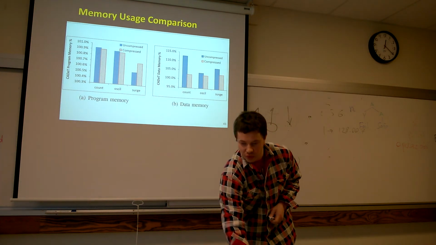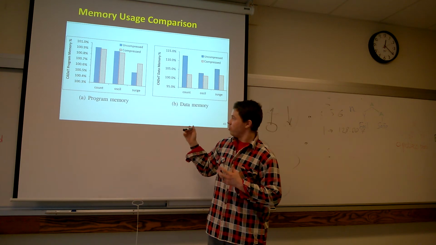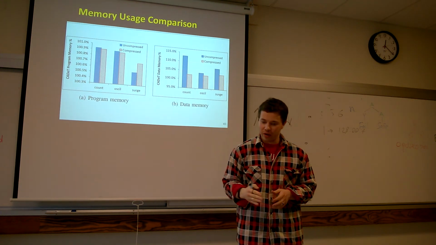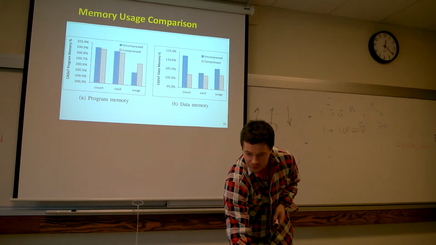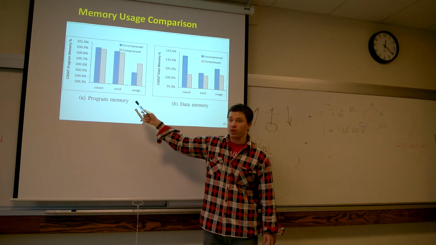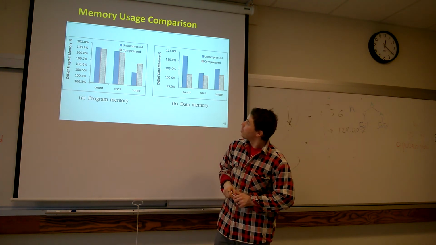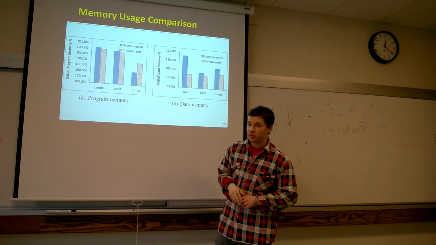Just so you know, data memory is a memory where you put your variables, and program memory is where the application is stored. I'm actually really surprised that they have compressed program memory. That makes no sense to me. I think they should have explained that.